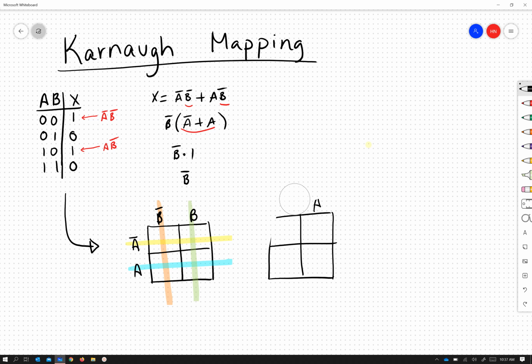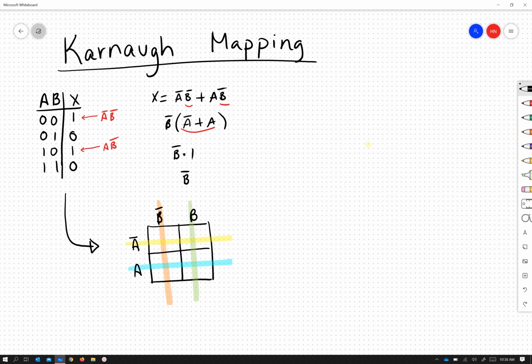Also, we could put A and put the not A at the bottom and the not B on the right. But again, to keep things the same for all of us, we'll start with the off first and then the ons. So let's all standardize it in this class so that we keep them the same way.